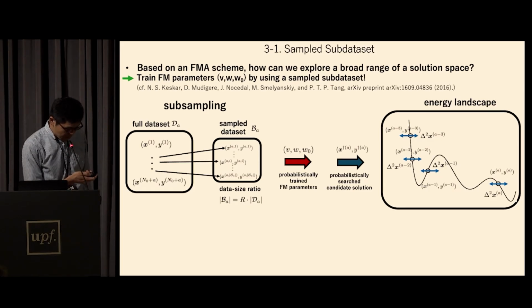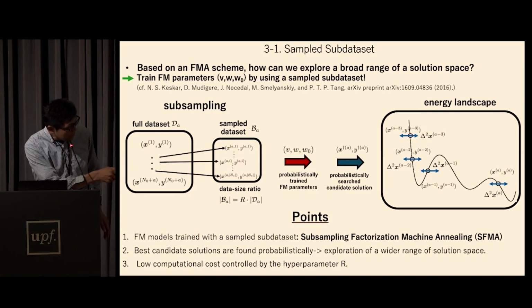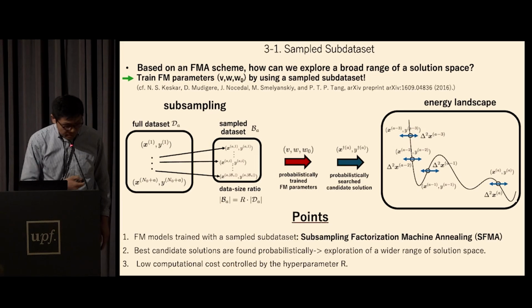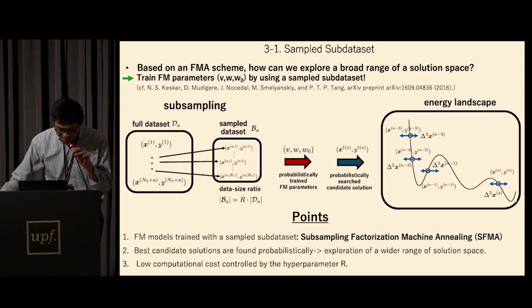So to summarize the basic points, the main difference between our algorithm and the conventional method, FMA, is that in our scheme we use sampled subdata sets instead of full data sets. In this sense, we call our algorithm subsampling factorization machine annealing.